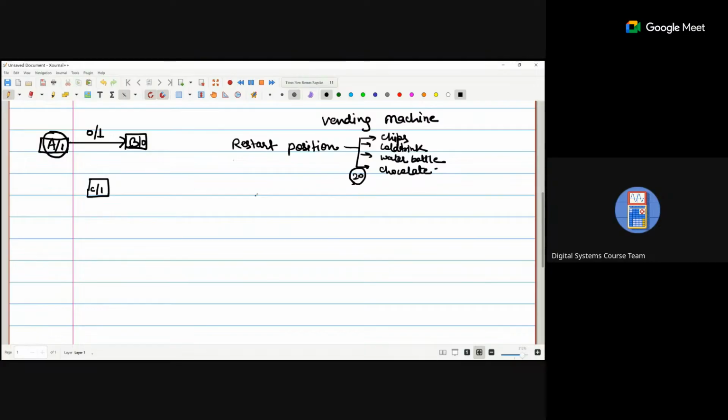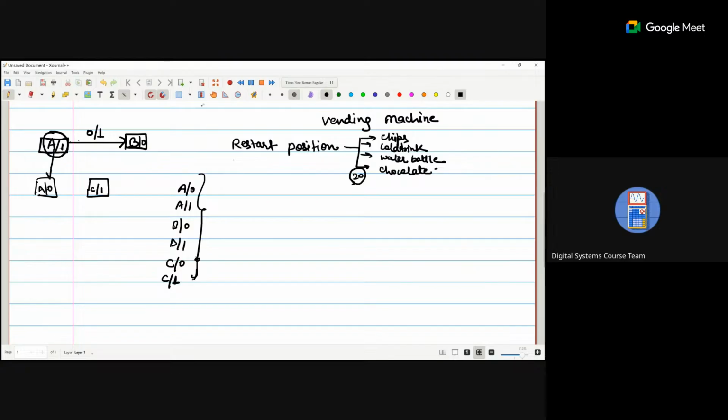Now what are the possibilities of the states? A with 0, A with 1, B with 0, B with 1, C with 0, and C with 1. So we have 6 possibilities, that means 6 states are possible, and with respect to these 6 states, we connect them. If we say A0, we write it here as A0 also.